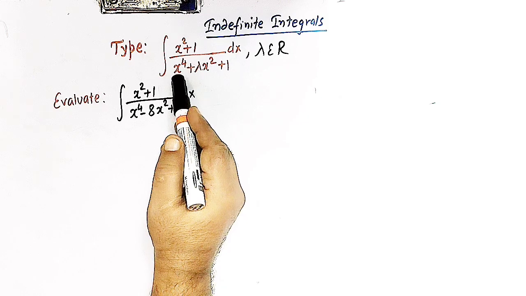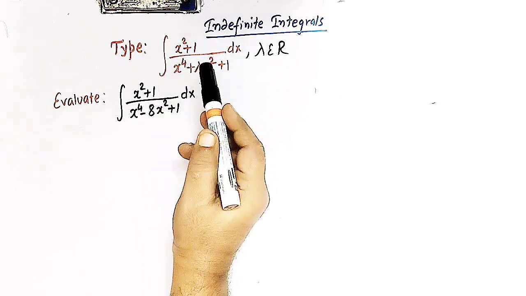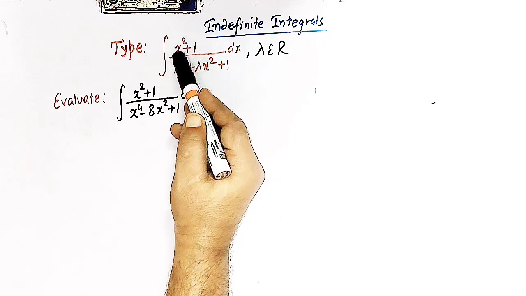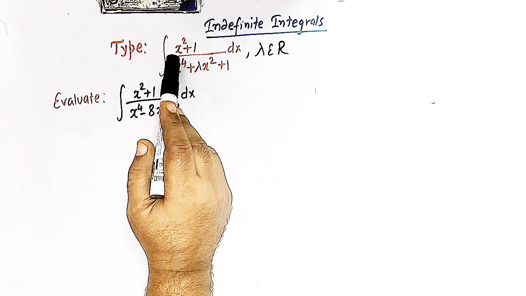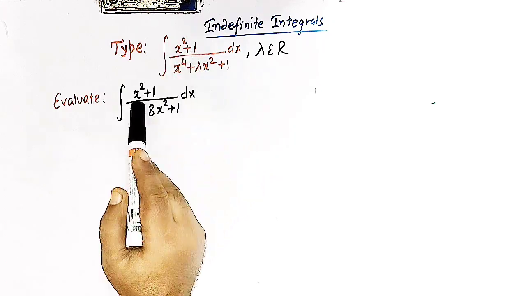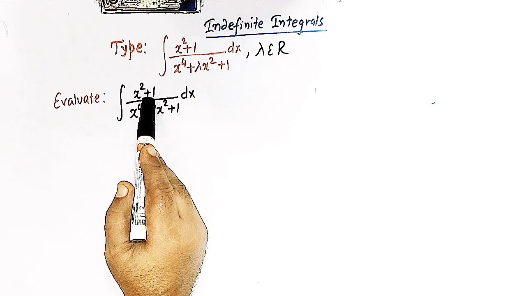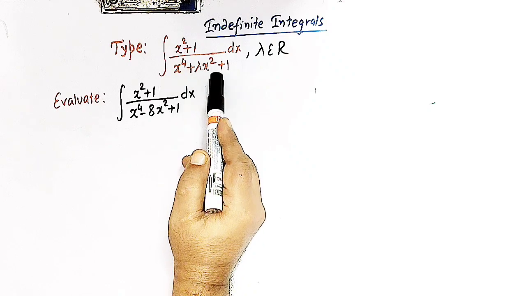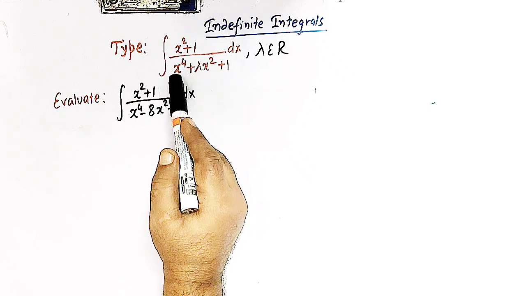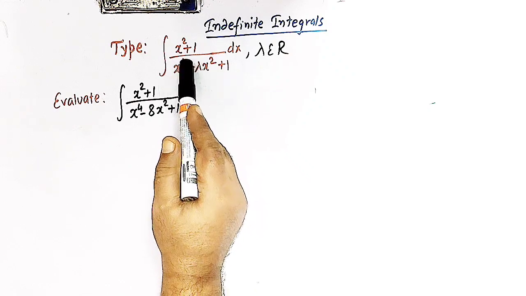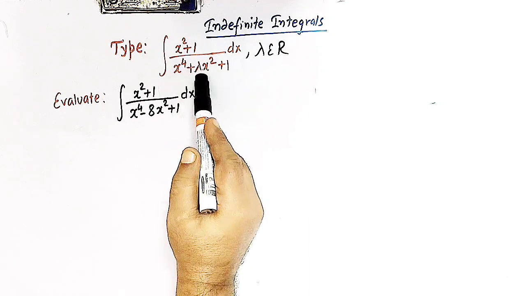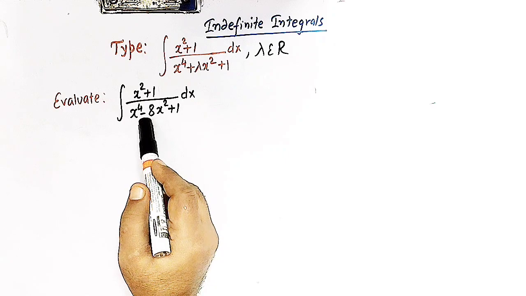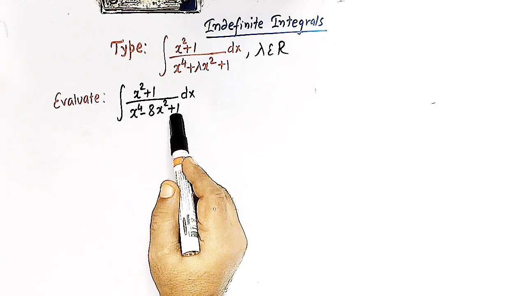Right? So here we can see that the integrand has a numerator and denominator. The numerator is a quadratic function of the form x square plus 1, and the denominator is a biquadratic function, that is of the form x raised to 4, here the degree is 4, plus lambda x square plus 1, and here we have x raised to 4 minus 8x square plus 1.